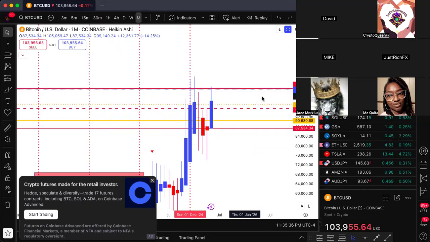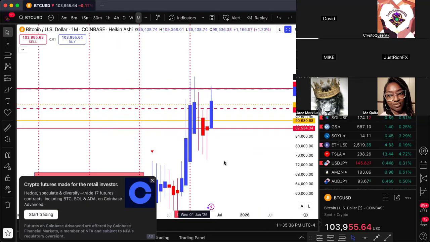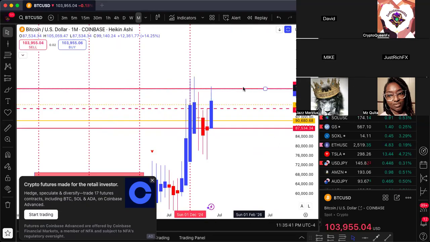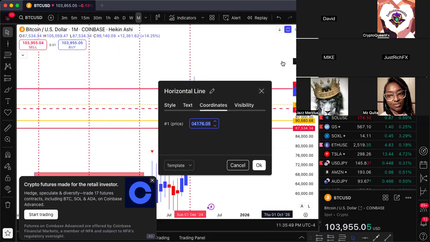It may retrace the high. I think Bitcoin is going to retrace the high before a pullback. The monthly high and the weekly high are the same for Bitcoin. We got it at 105,059.47.